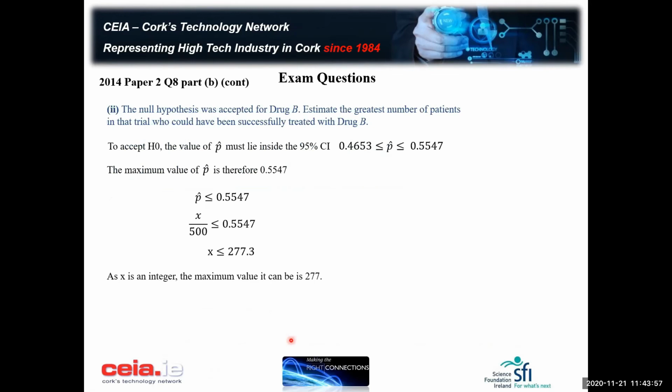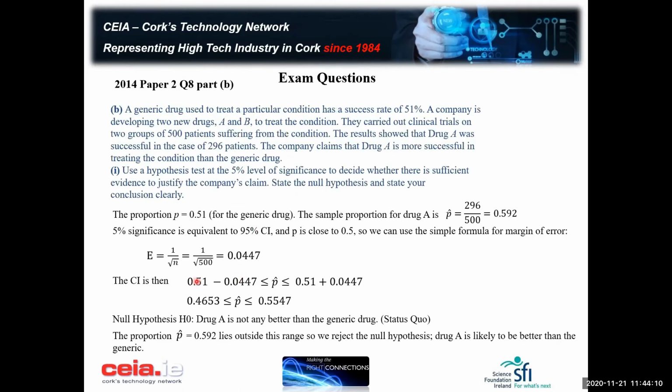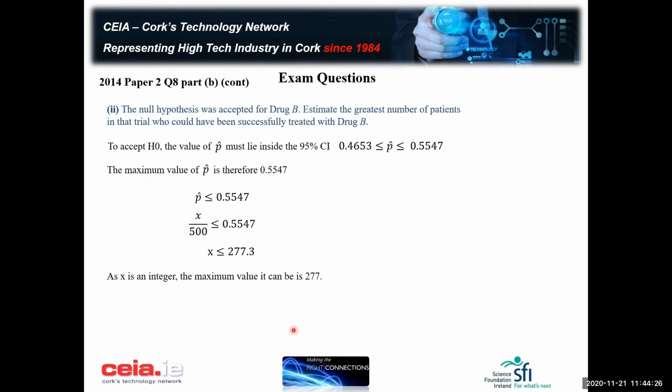Right. So now the second part of that question, they say the null hypothesis was accepted for drug B. If we apply the same null hypothesis as before, which in this case would be that drug B is not any better, then its p hat must lie inside this confidence interval if we were to accept the null hypothesis for drug B. So let's look at that.